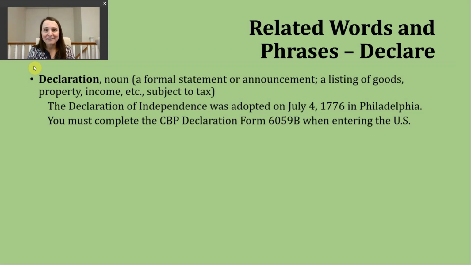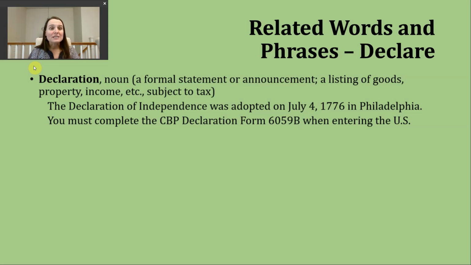The way I think of it most commonly with this definition, again, it's sort of connected to U.S. history. My example sentence, the Declaration of Independence was adopted on July 4th, 1776 in Philadelphia. So this was very much a formal announcement indicating the United States would be its own country, declaring it independent of Great Britain.